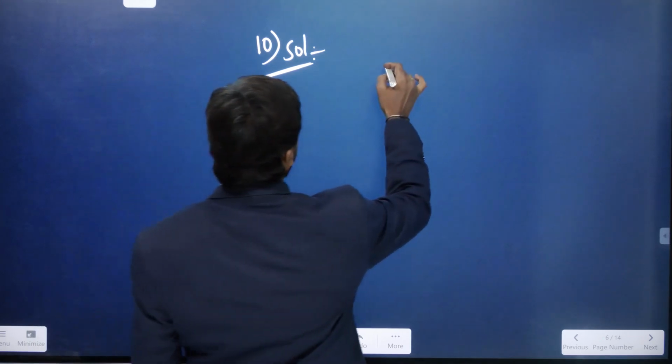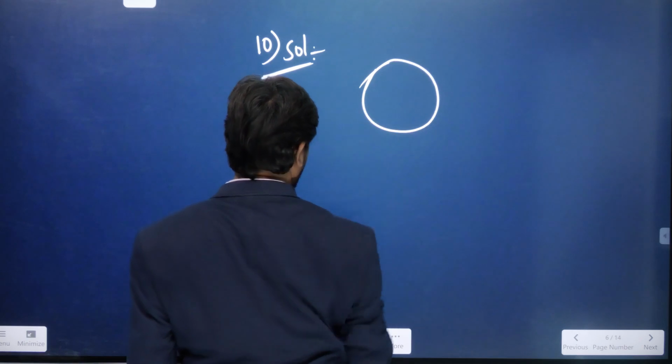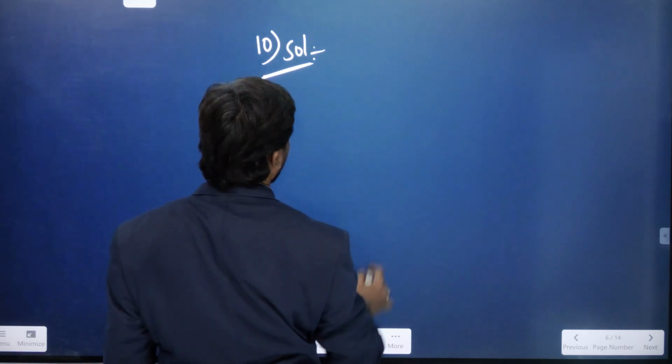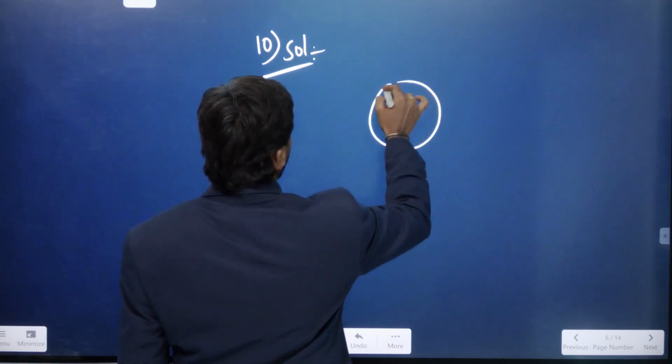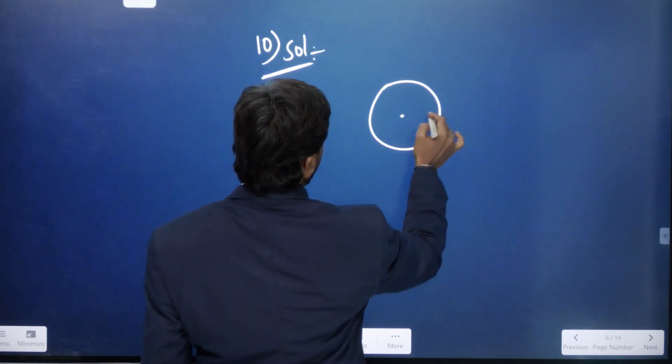So here it is given a circular lamina. Here a circle is there, and this has a center here.